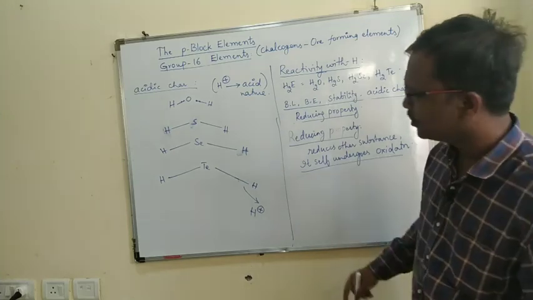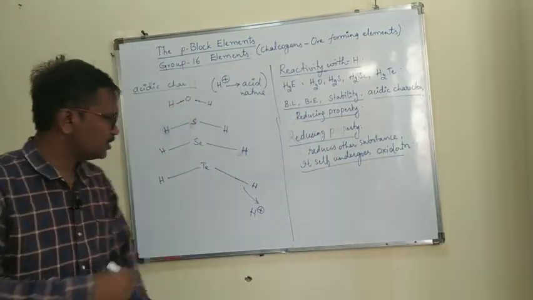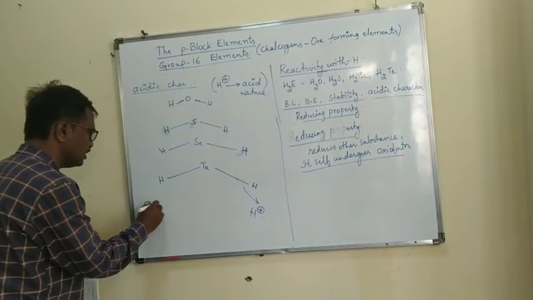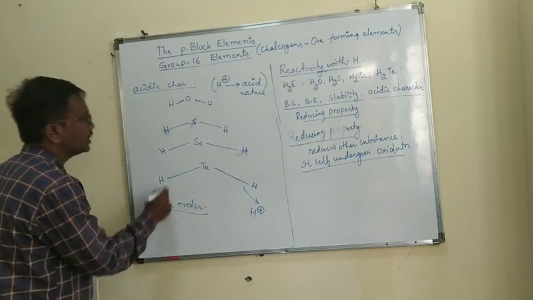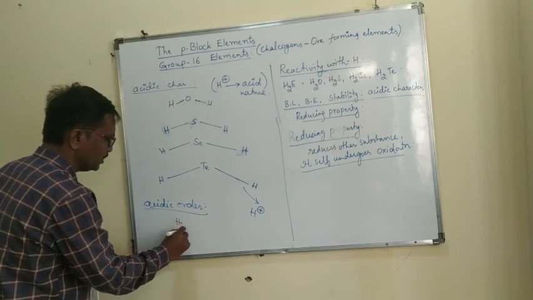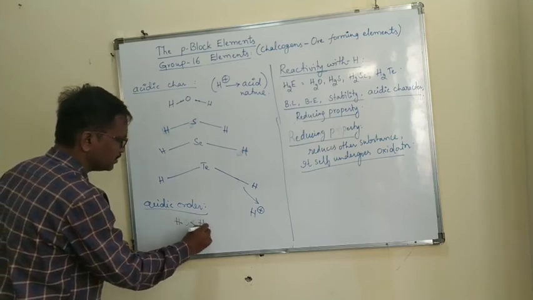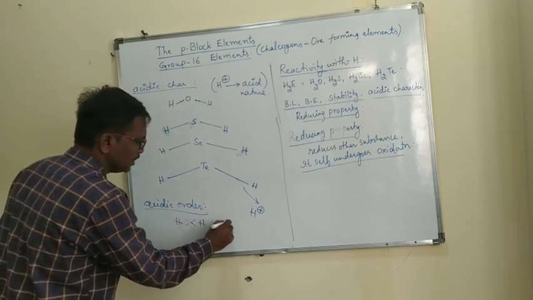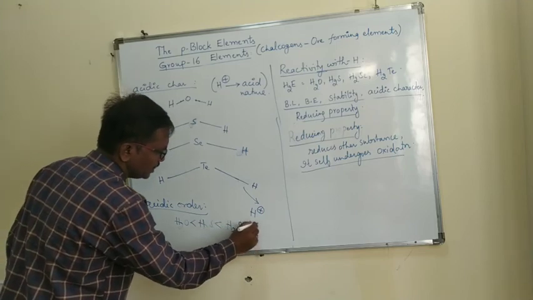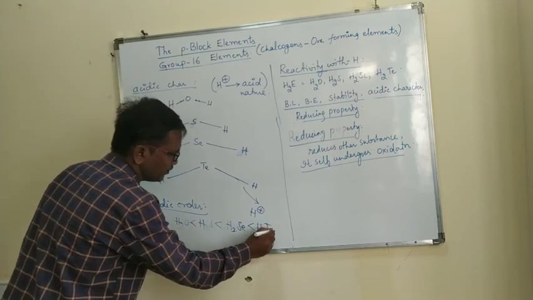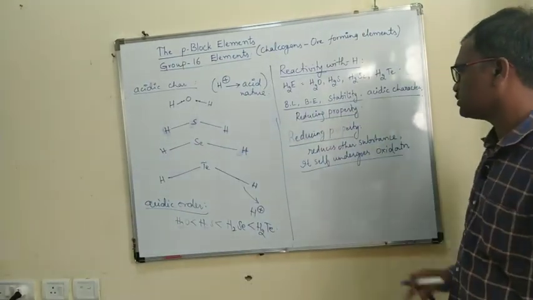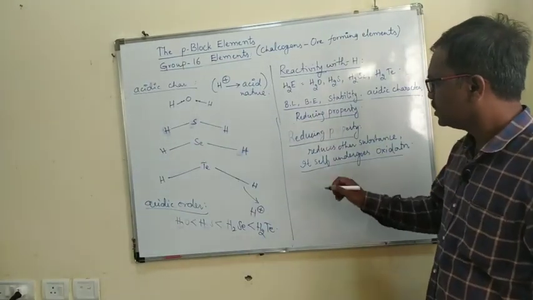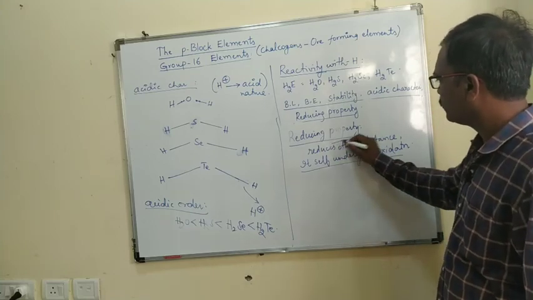So which one is having the more reducing property? Which one shows the more acidic nature? What is the acidic order? The acidic order is H2O is less acidic than H2S, less acidic than H2Se, less acidic than H2Te. Right. A reducing agent reduces the other substance and itself undergoes oxidation. What is the meaning of reduces?